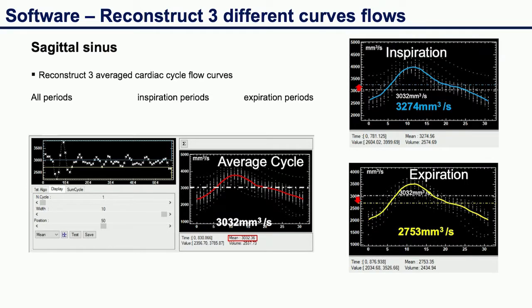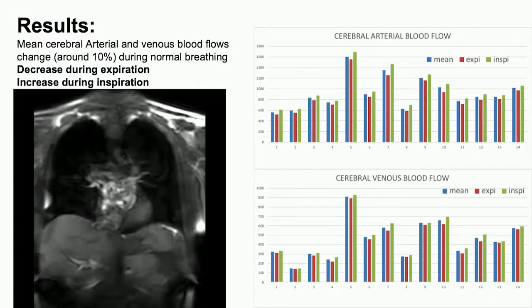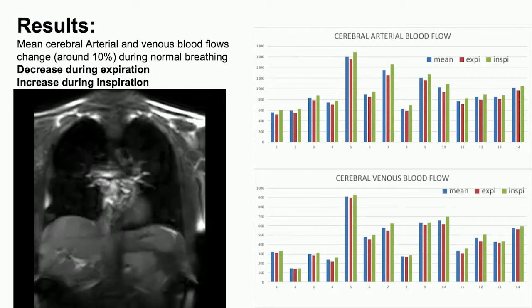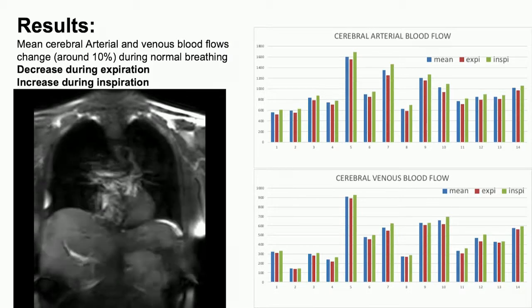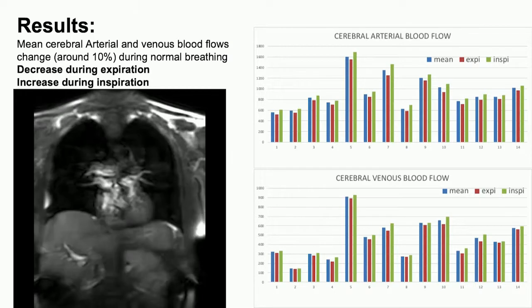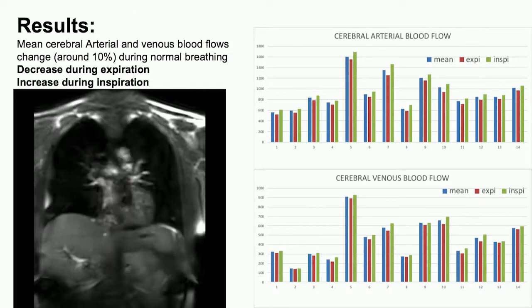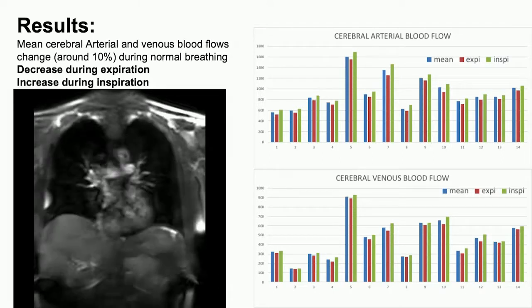As you can see, we also point out that there is an effect of inspiration and expiration in these two examples. We have applied this approach in our 14 volunteers, and we found for each one around a 10% increase during inspiration and a decrease during expiration.